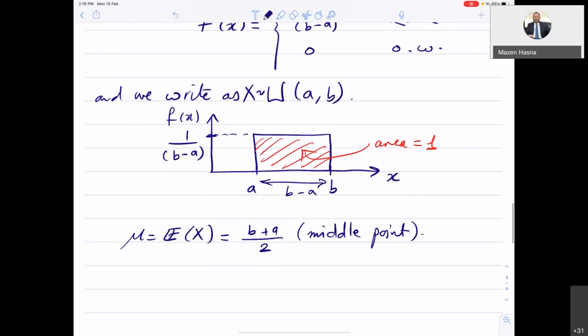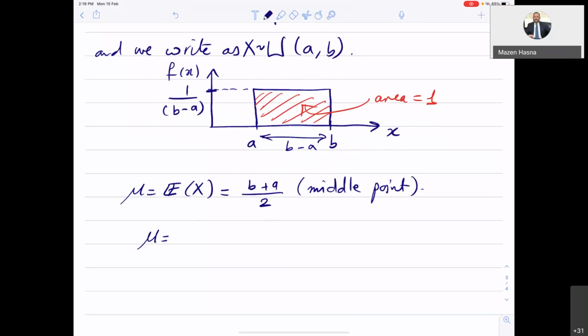Why? Let's see. If you have between 3 and 7, what's the middle point between 3 and 7? It's 7 plus 3, 10 over 2, which is 5, right? It's not 7 minus 3, 4 over 2, which is 2. If you want the middle point between two numbers, you just add them and divide by 2, right?